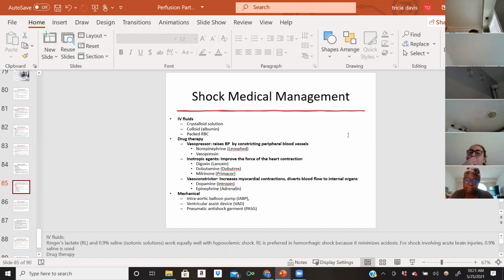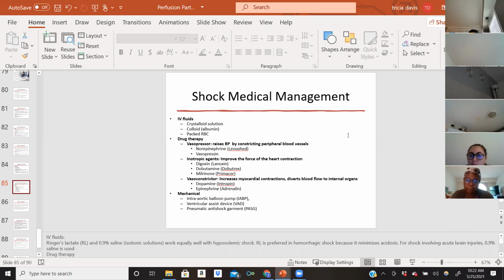Drug therapy, we're going to give vasopressors, which raise our blood pressure by constricting those peripheral blood vessels. So we can give norepinephrine, which is also called Levophed, and we can give vasopressin. We can give inotropic agents, which improve the force of the heart contraction. So your digoxin, which is Lanoxin, which you always monitor for toxicity.